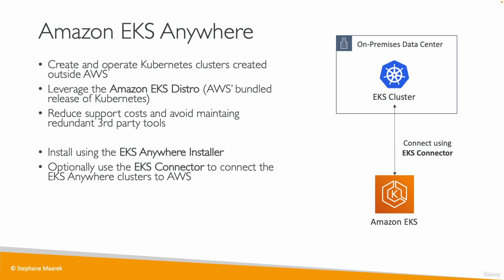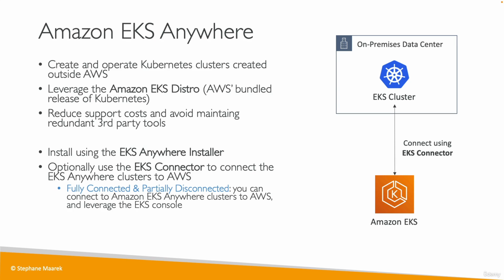Using the EKS Connector, Amazon EKS can now manage your EKS cluster on premises, which gives you different modes. You have to define a mode, and you can be either in fully connected or partially disconnected mode. That means that there is a connection between your on-premises data center and Amazon EKS, and therefore we can use the EKS console to manage our Amazon EKS cluster on premises.